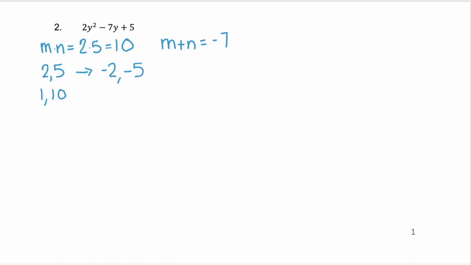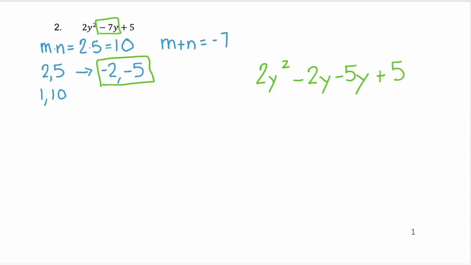So again, we use these two factors to rewrite that middle term. So our middle term becomes negative 2y minus 5y, or negative 7y. Our first term was 2y squared, and our coefficient at the end is plus 5.